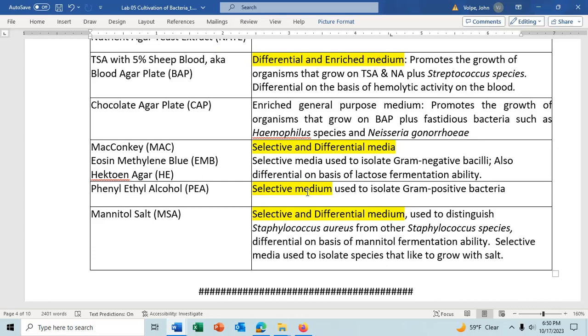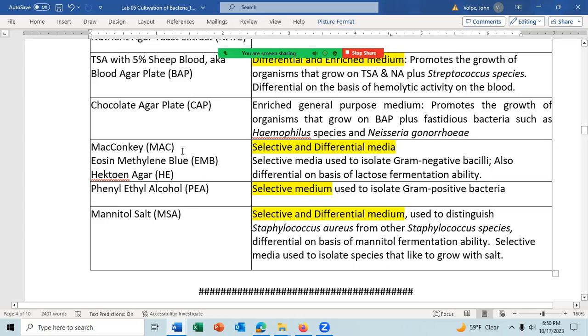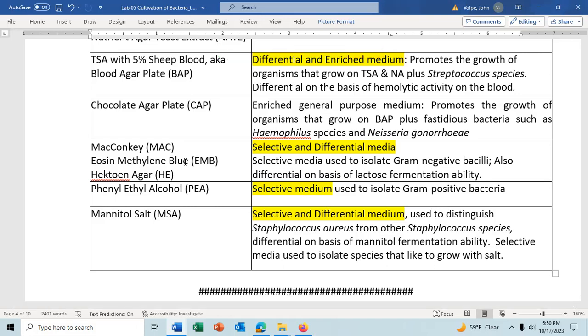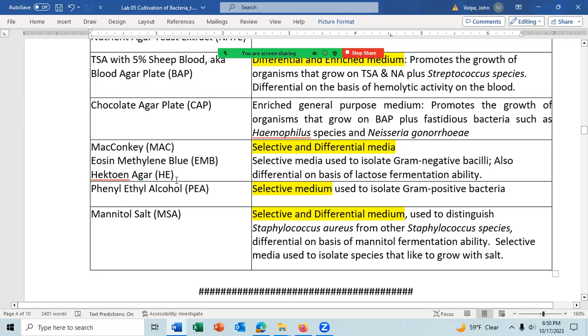There will be different colors if they ferment the sugar lactose. On MacConkey's, the lactose fermenters will be pink. On eosin methylene blue, the fermenters will be a dark or greenish metallic color. And on Hektoen enteric agar, the fermenters will be salmon colored.